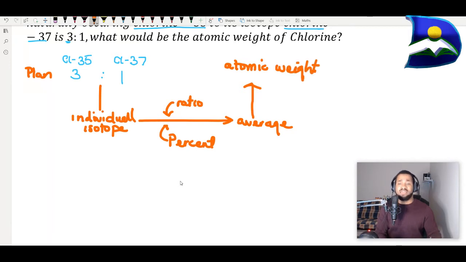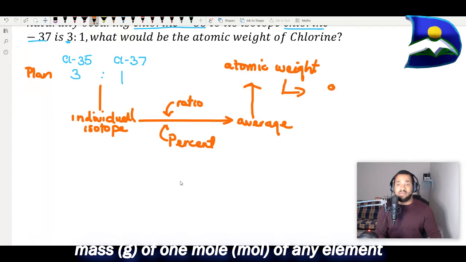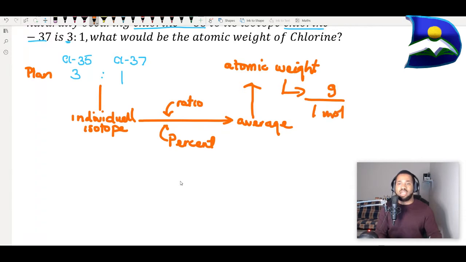Atomic weight here means that you're measuring the amount of grams that chlorine has in 1 mole. We need to know what the amount of grams is, and usually this grams per mole is measured as atomic mass or atomic weight units, which in this case is represented as u. So let's look at how we're going to apply this to our question here. First off, you need to develop your first step to get to our solution.